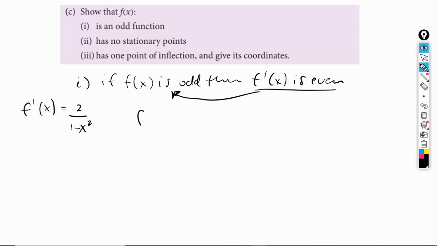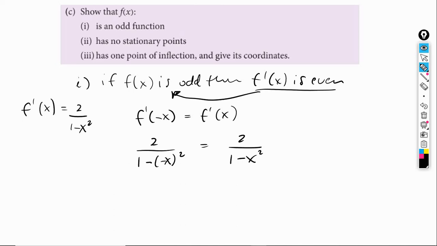In other words, that f prime of minus x should equal f prime of x. And this is obviously true because 2 divided by 1 minus x squared is definitely going to give us 2 over 1 minus x squared. Therefore, the derivative is even. Hence, f of x is odd.